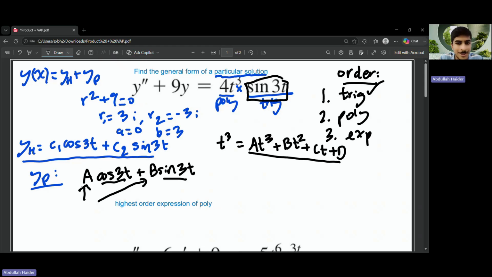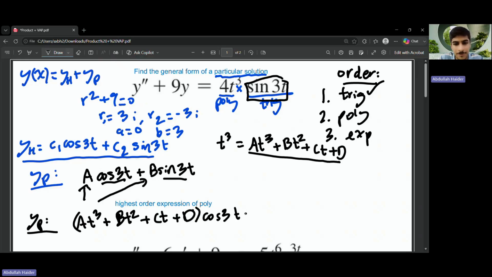We will replace the first constant by this, and then for the second constant, we have to add new letters. So the final answer will be At cube plus Bt squared plus Ct plus D, all this multiplied by cosine 3t.